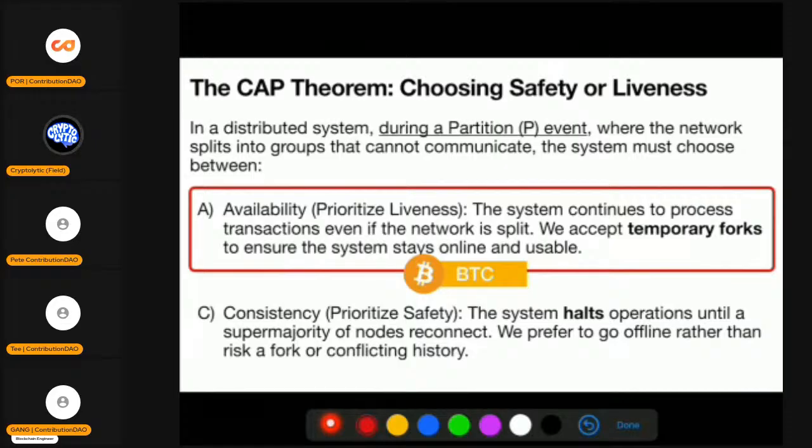You have to wait for the network to resume normal operation, and then it will be able to continue producing new blocks.